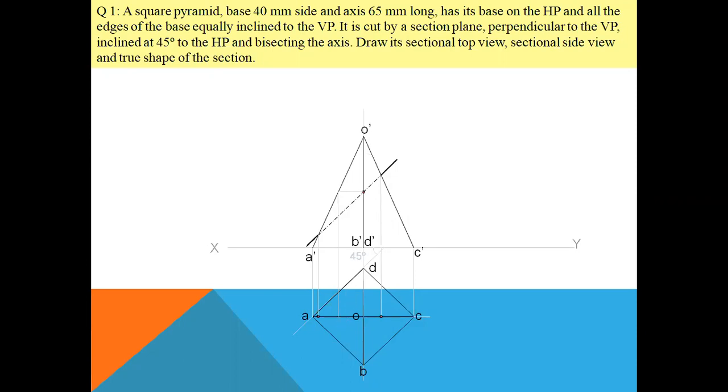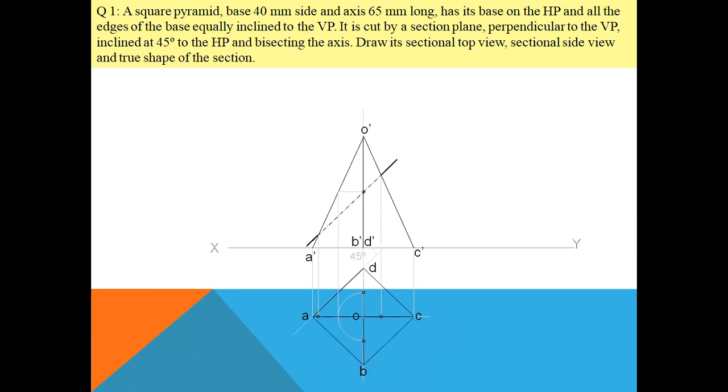And we will draw an arc on OD and OB so that we get 2 points, OD and OB. Now we have got 4 points here.